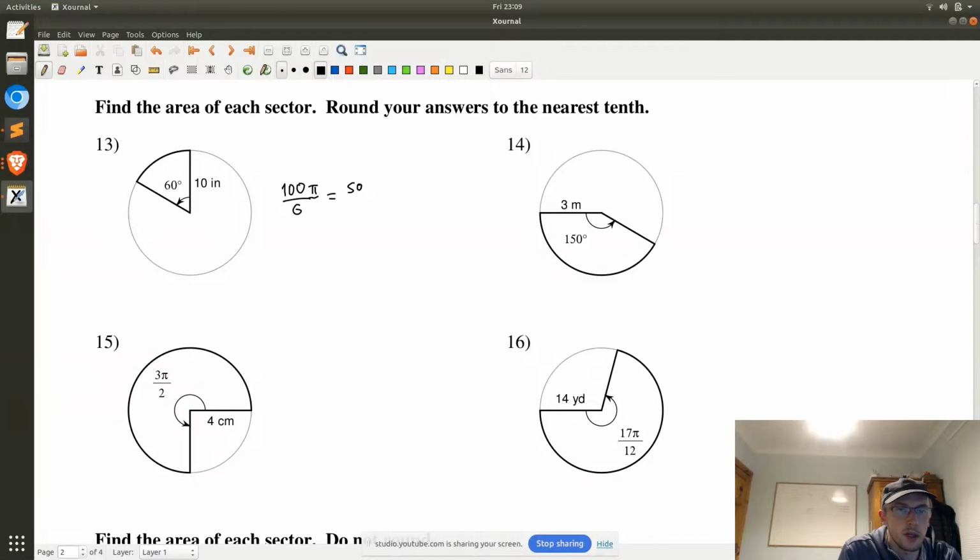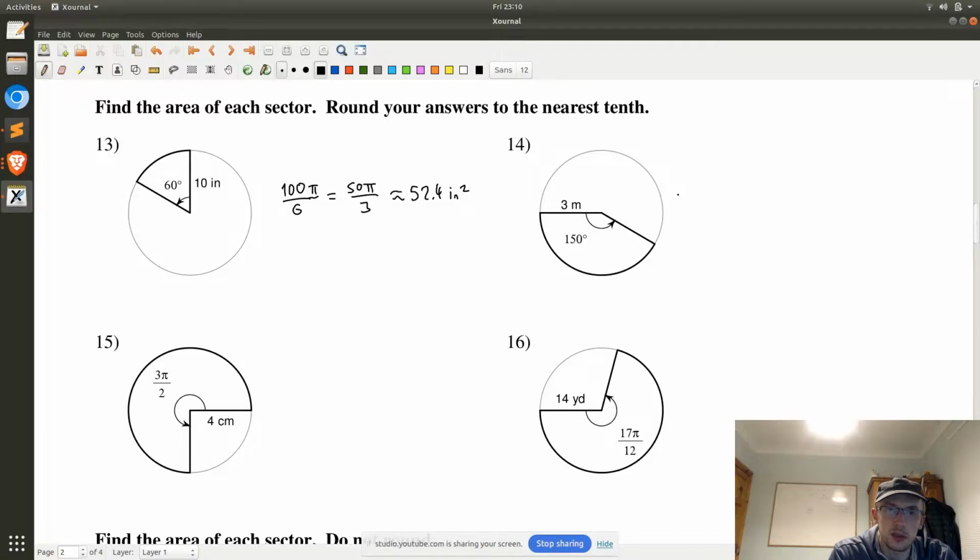It's 50 pi over 3. To the nearest tenth, that's 52.4 square inches for this one here.